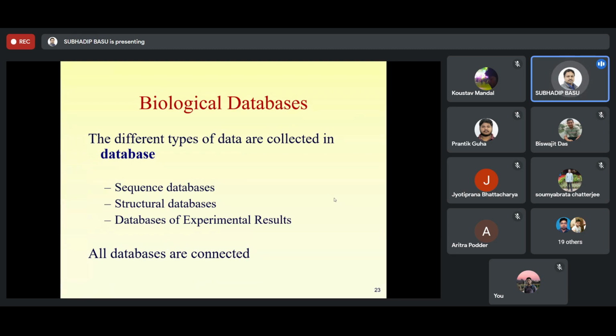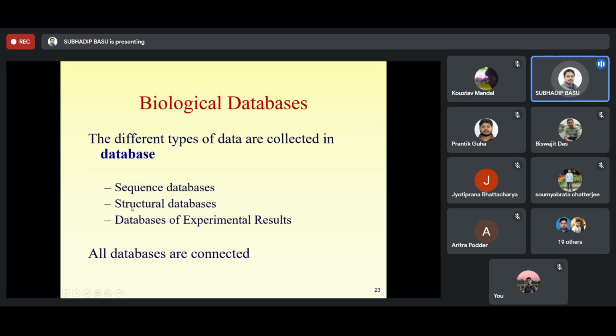Maybe it is a sequence database, for example, a genome browser for the human genome, if you want to study the genomic sequence so that you can explore some gene hunting algorithm. It can be a protein sequence analysis algorithm.